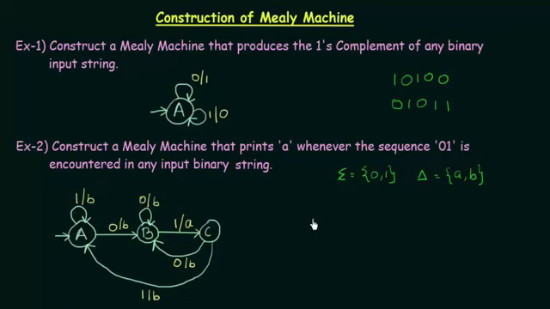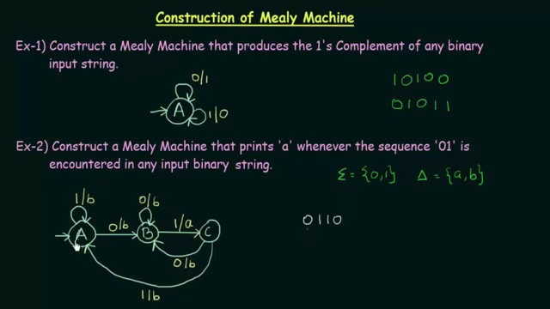So let us take the string 0 1 1 0. Here we see that we have the sequence 0 1, so as soon as I reach this one, it should print A. Let's see if it prints or not.